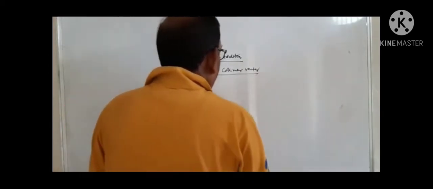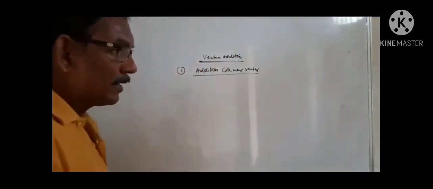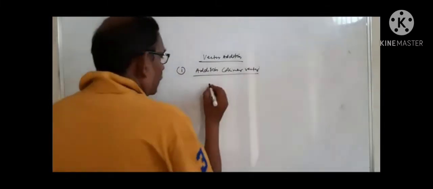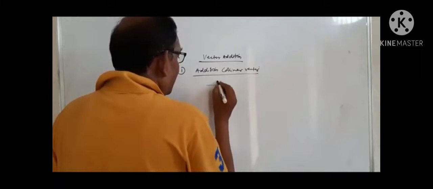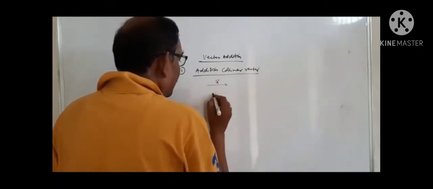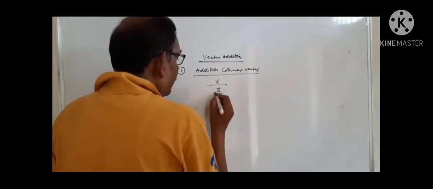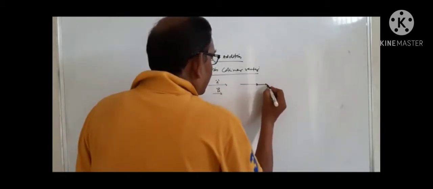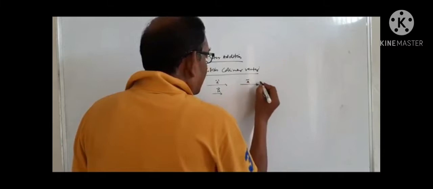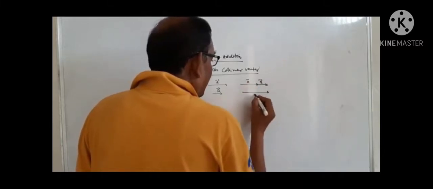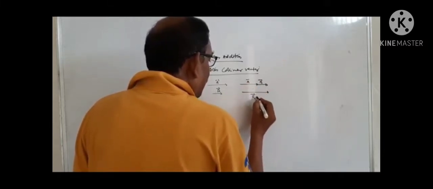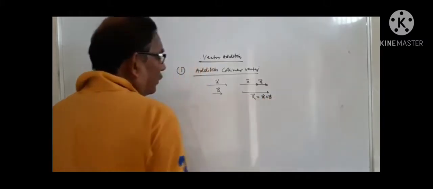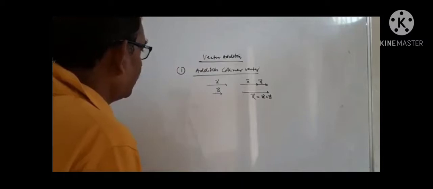You know that collinear vectors project in the same direction, having the same line. So take two vectors, A and another vector B. By adding these two, it is your vector A, it is your B. So the resultant vector R is equal to A plus B.